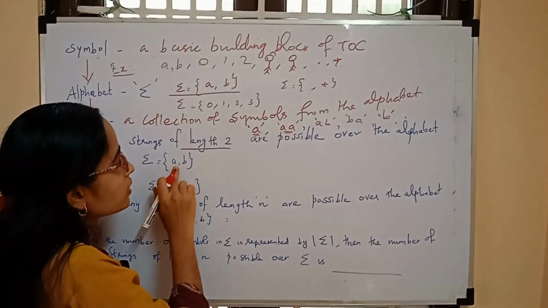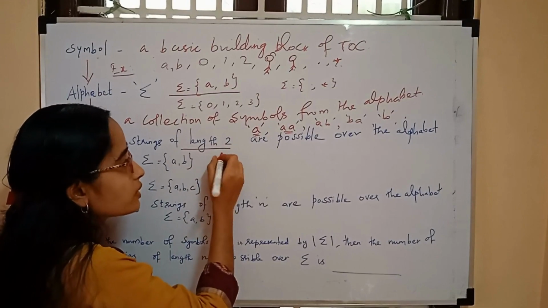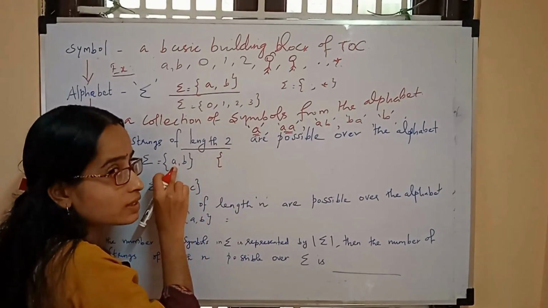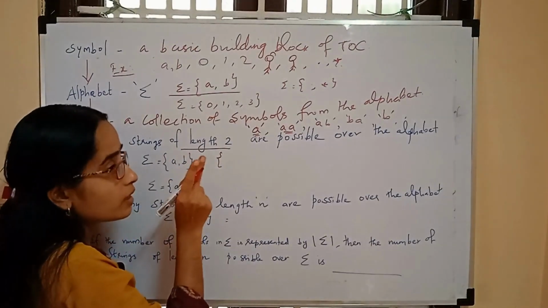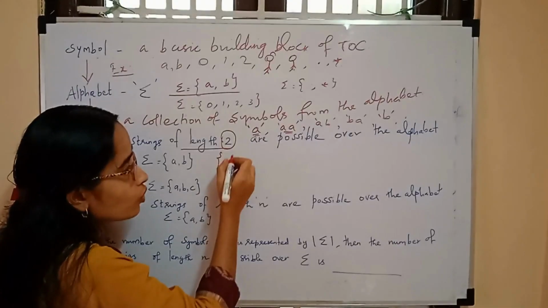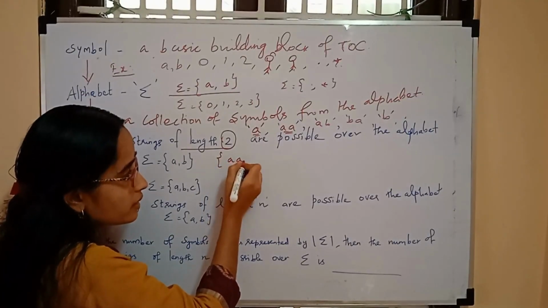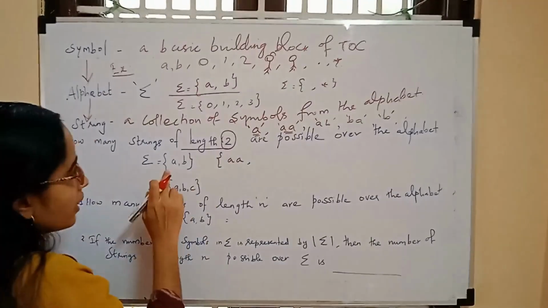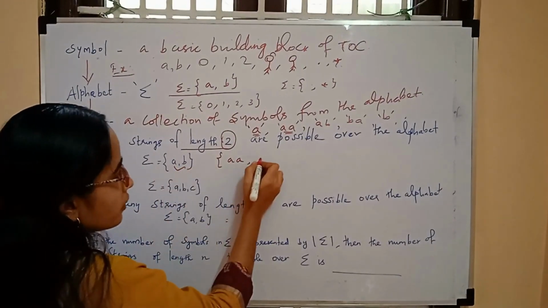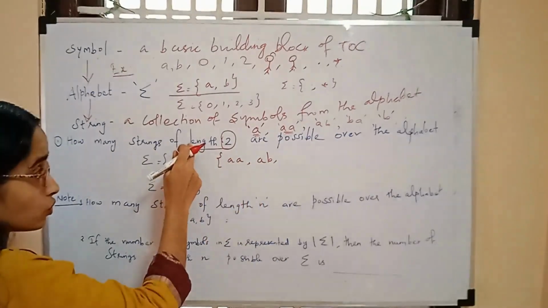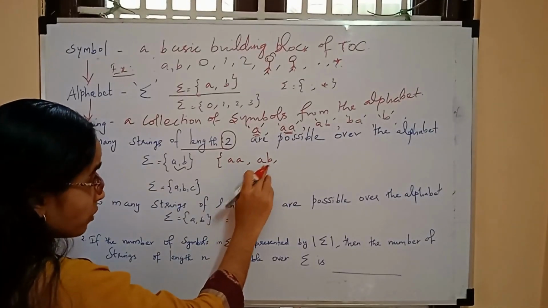Now you have two elements, right? First you take the first element, that is A. The string length should be 2, right? So A alone as a string is not possible. Then I make AB, just combining A and B. This can be one string because the length is 2.